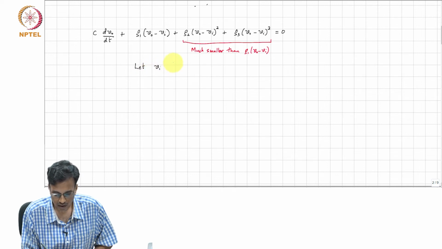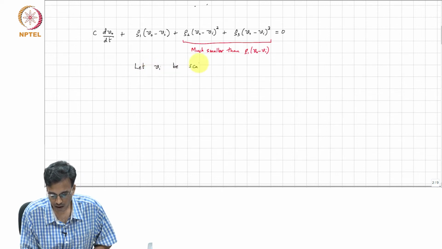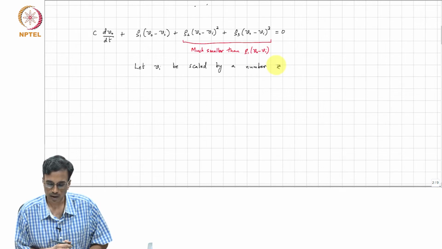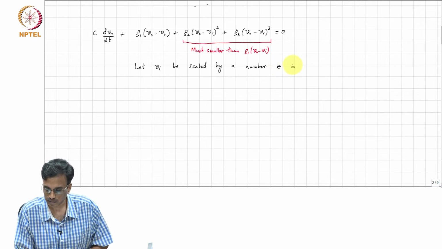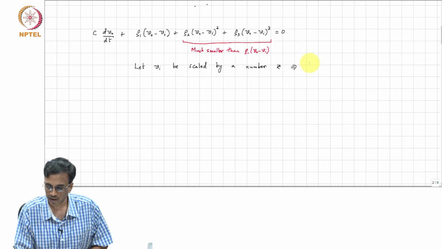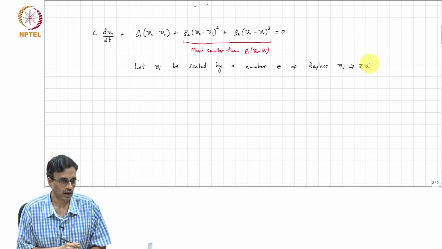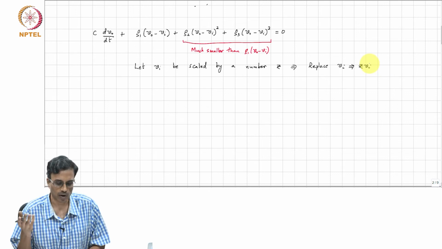Let Vi be scaled by a number z, right. So, in other words, you replace Vi in the above equation with z times Vi, right, where z is simply a scalar, it is a number.